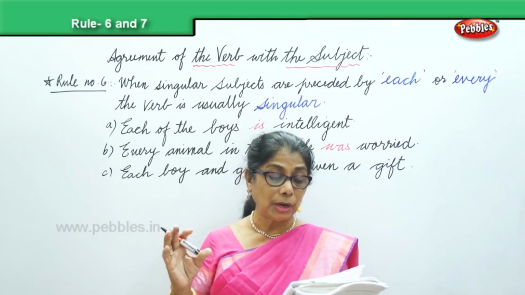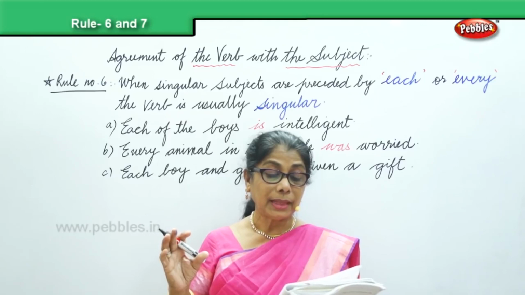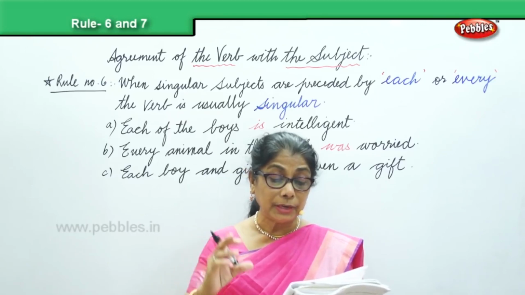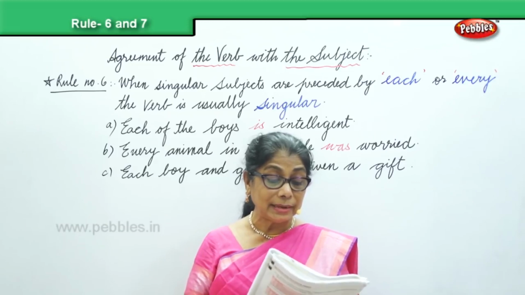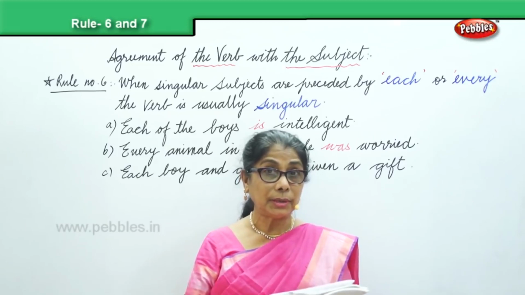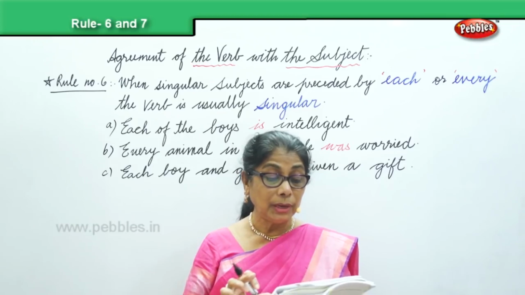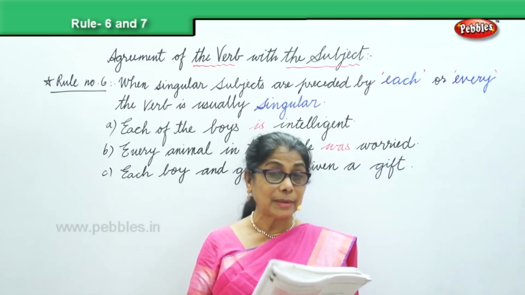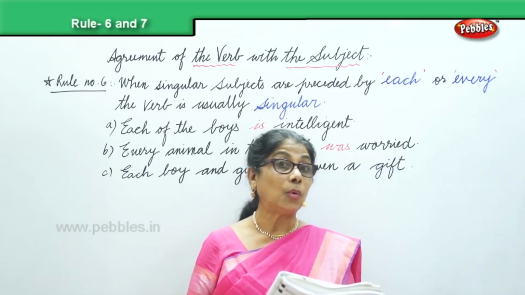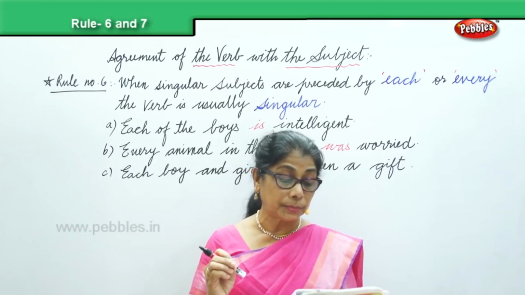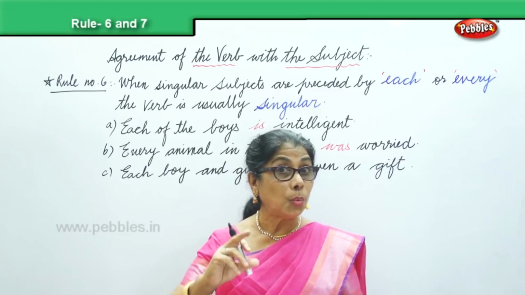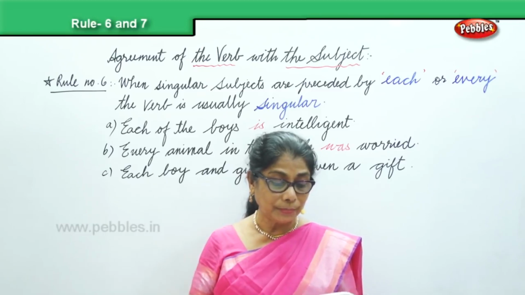The verb should not agree with the nearest noun, books, because it's plural, but with the real subject. We're talking about the quality. Therefore, the quality of the books was not good.